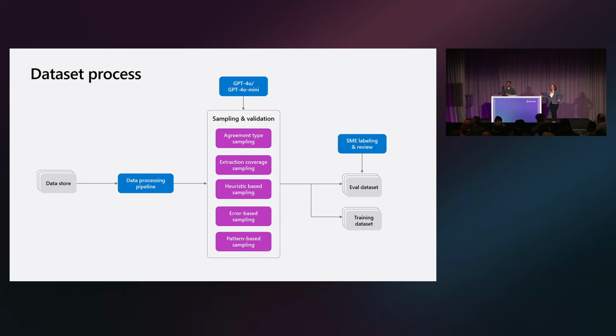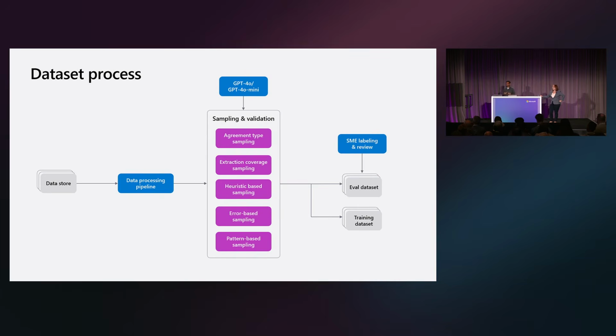And we also employed GPT models in the sampling process as well. For the evaluation sets, we employed our SMEs or subject matter experts, who are people with law background or lawyers themselves in our team, to help annotate and build very reliable data, ground truth on which we can evaluate AI's performance. Because some of these extractions can get really complex from a legal perspective.